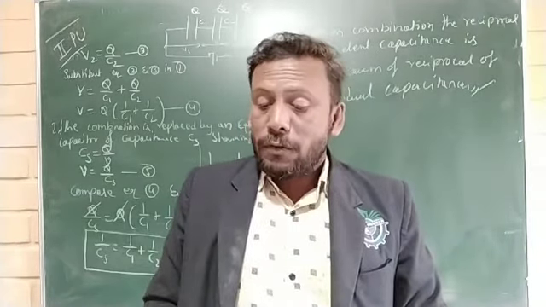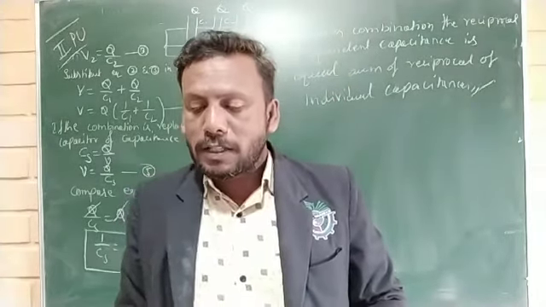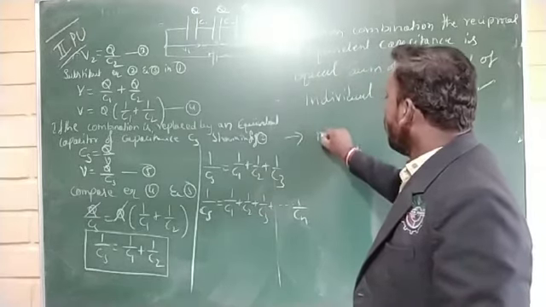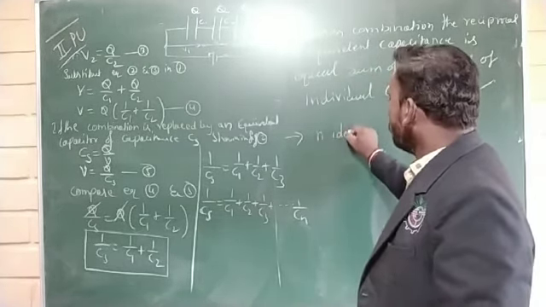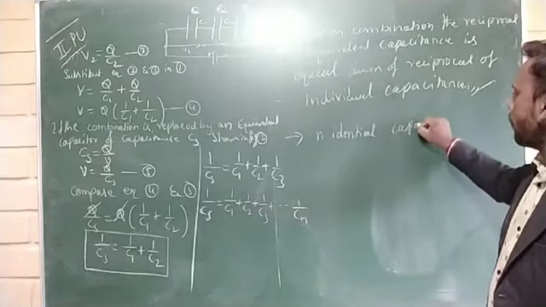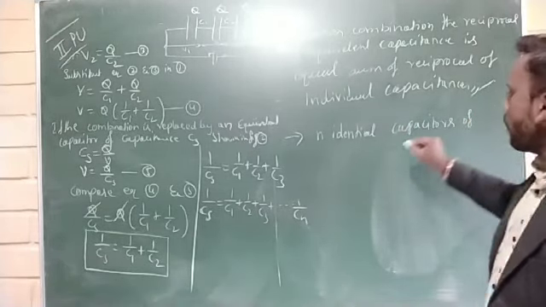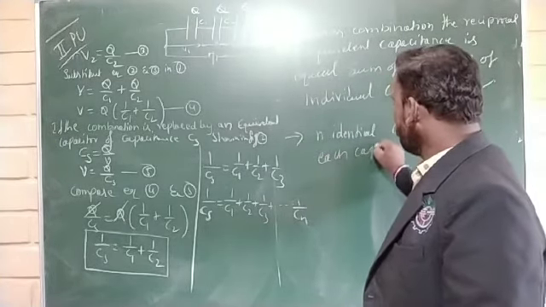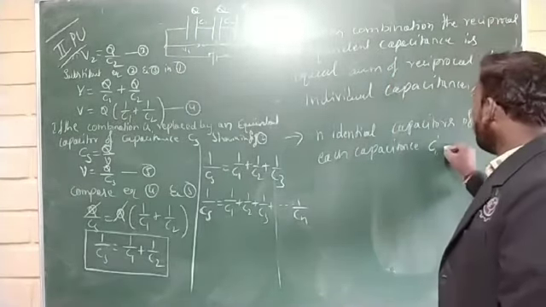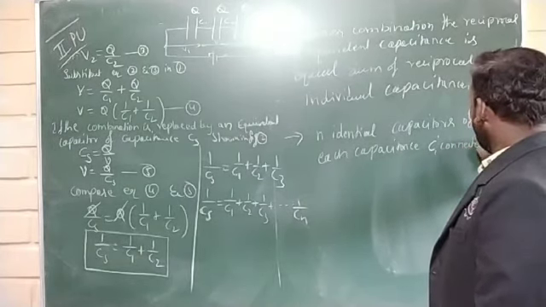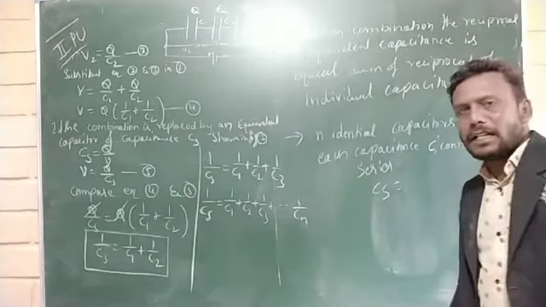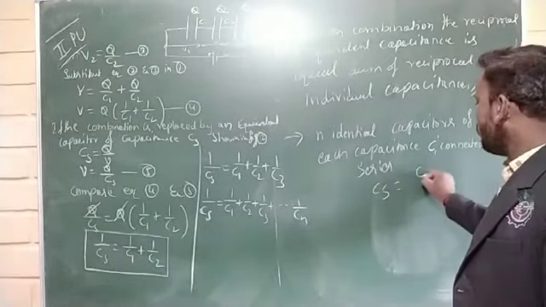Next, if n identical capacitors of each capacitance C are connected in series, this is very important, then CS, the equivalent capacitance, is equal to C divided by n.